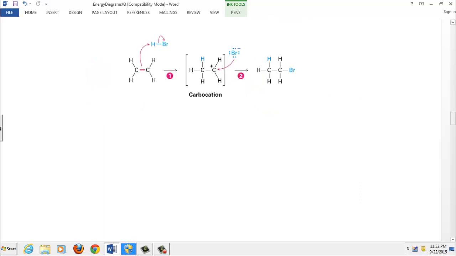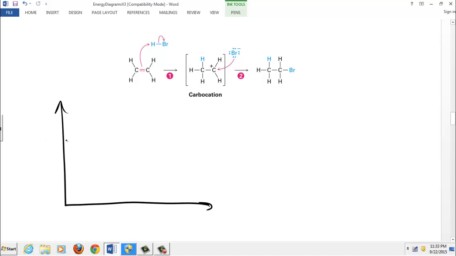When you're asked to draw the energy diagram, and you don't have any values for the bond energies or anything like that, and you don't have any numbers for doing your plotting, then you just use your best judgment. Just make some educated guesses. All our energy diagrams are going to begin with an X and a Y axis.